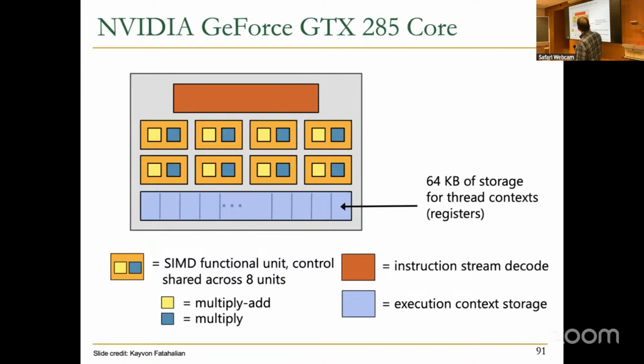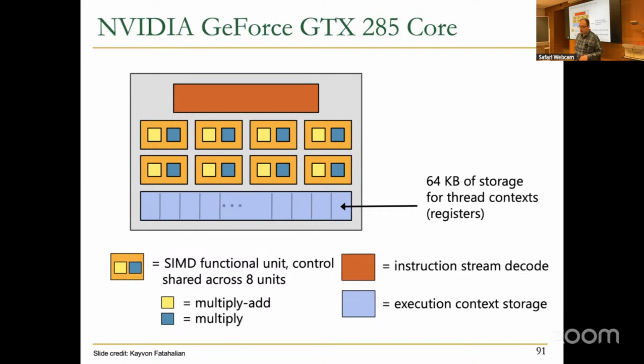This is the architecture of it, which is a bit old in that sense. But today's architectures are also not that different fundamentally. For example, here we have 64 kilobytes of storage for registers, a decode step, and functional units for doing SIMD operations like multiply, add, and so on.